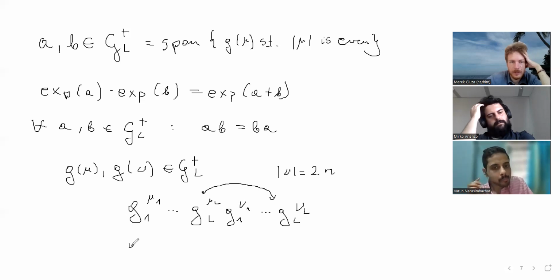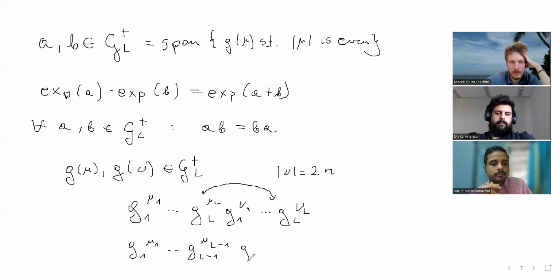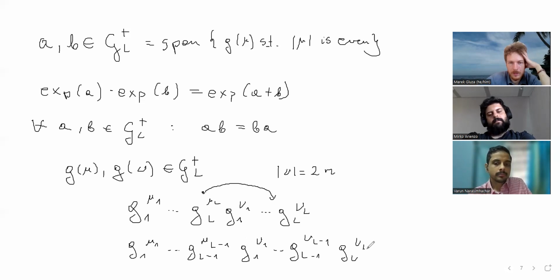So if I write G1 mu1 until GL minus 1, mu L minus 1, and then G of nu, I do it slowly: G nu 1 until GL minus 1 nu L minus 1, then I have GL nu L, and then I have GL mu L, because I moved it through.